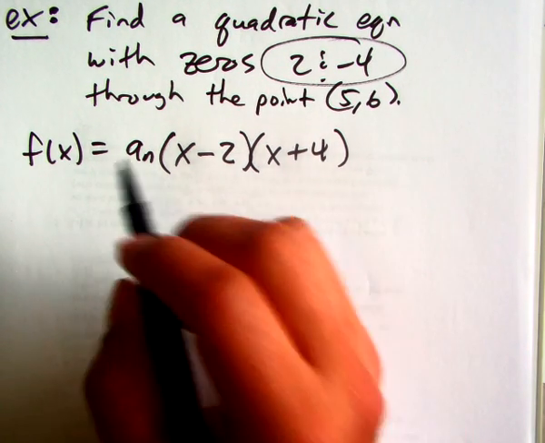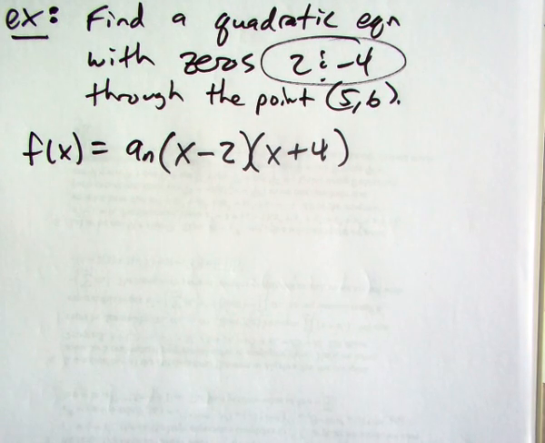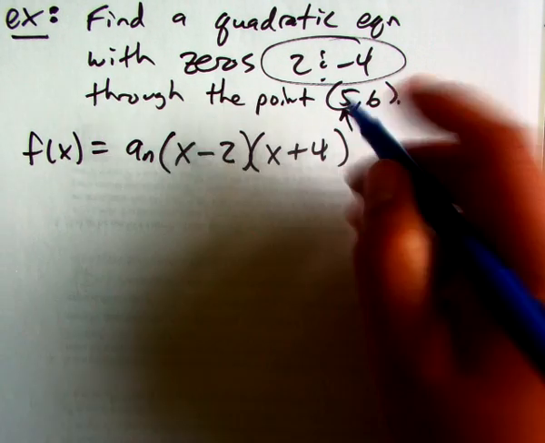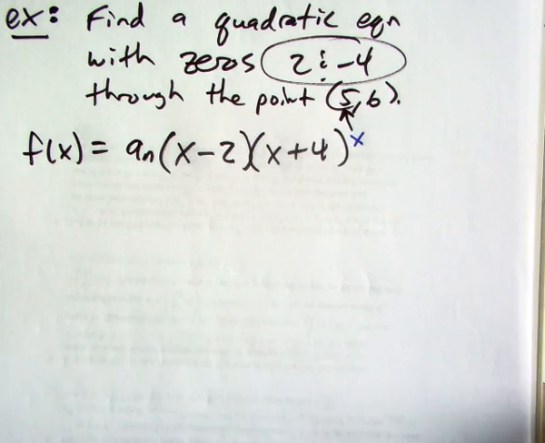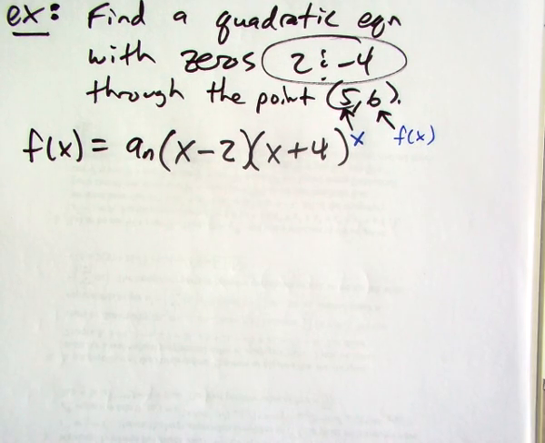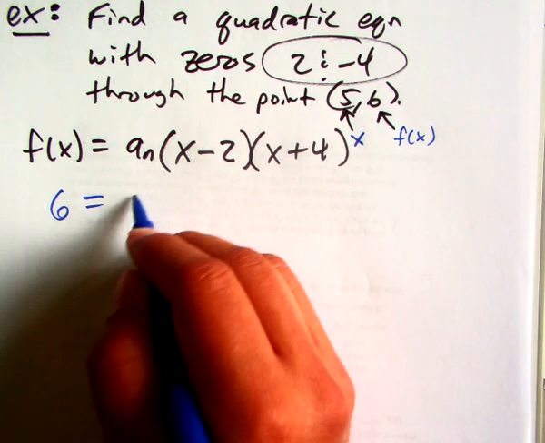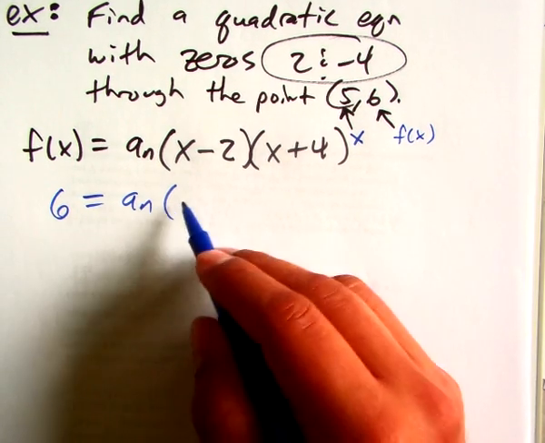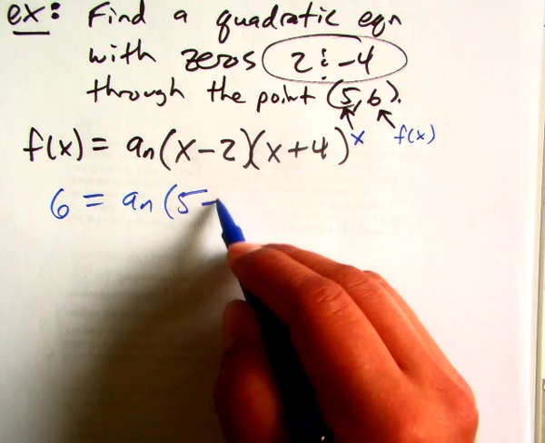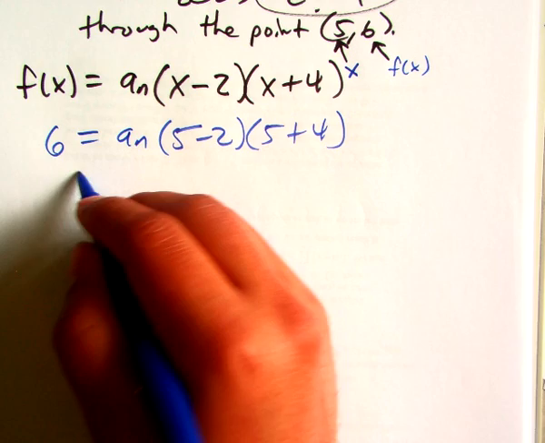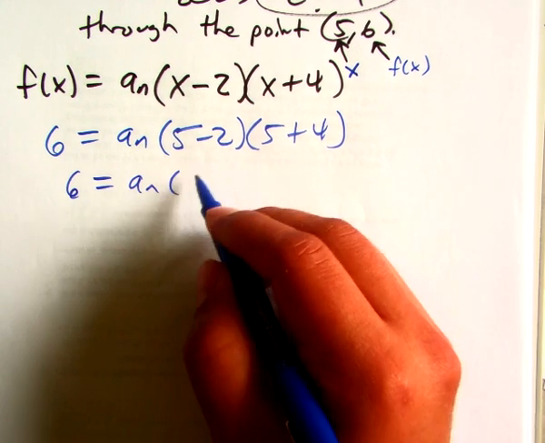And now here's the easy way to do it. What does this represent? That's x. What does this represent? y, which is the same as f of x. So if you just plug in the values, this is the same as saying 6 equals the lead coefficient times, and then what's x? 5 minus 2, and then 5 plus 4. We get 6 equals the lead coefficient times 3 times 9.